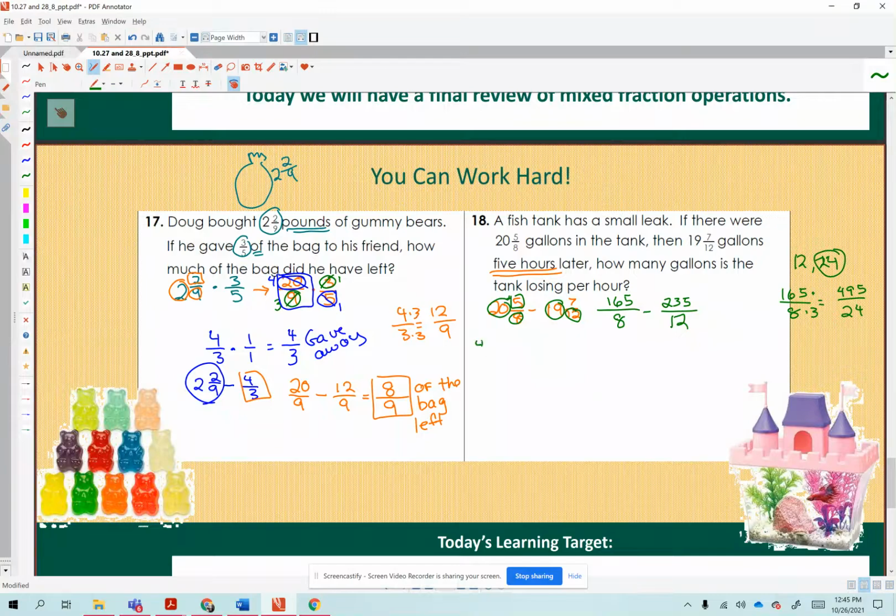So I have 495 over 24 minus, and I'm going to convert the 235 over 12 to 24ths. I multiply 12 times 2. I multiply 235 times 2, and I get 470.